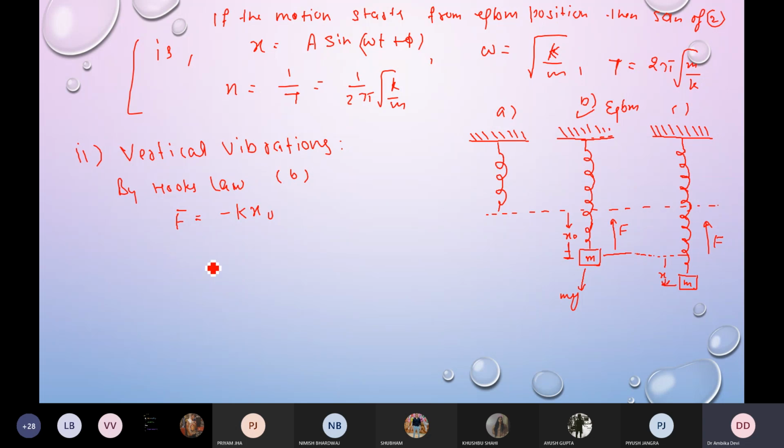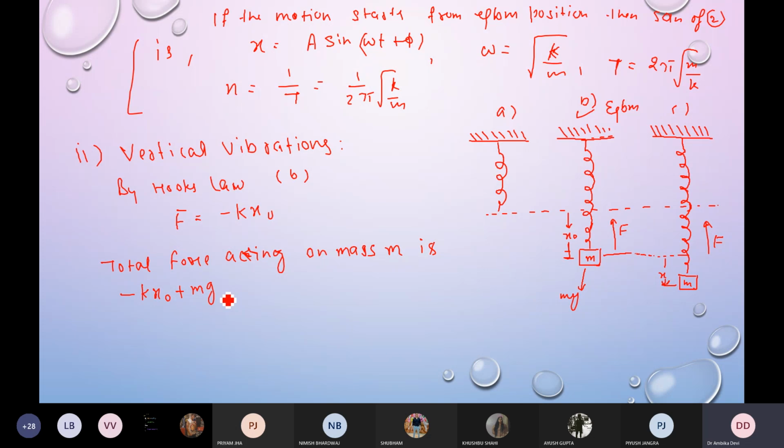Okay, so therefore the total force acting on mass m is minus k x naught plus mg.